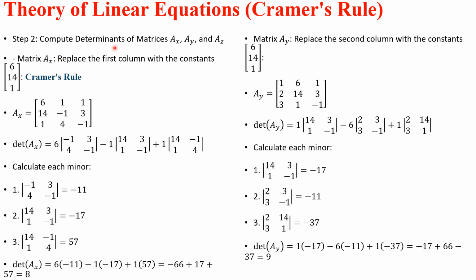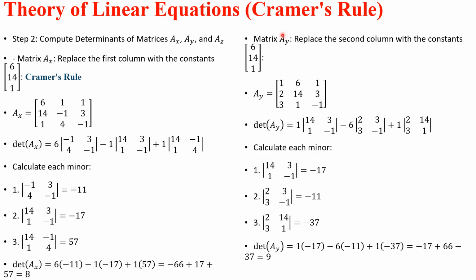Now, the next step is to compute the determinants of matrices AX, AY, and AZ. For matrix AX, we replace the first column with the constant values 6, 14, and 1, and that we've done here. That is Cramer's rule. We then find the determinant of AX, and if done appropriately, the answer gives 8.